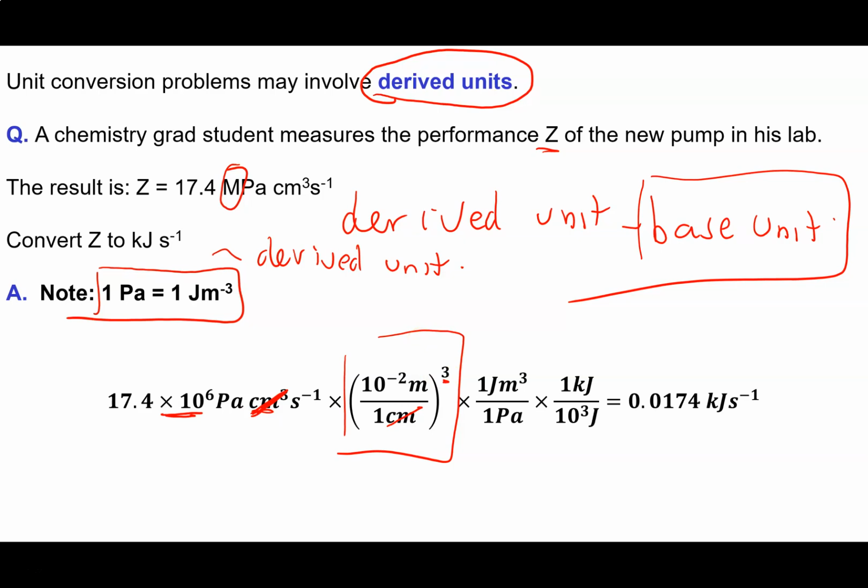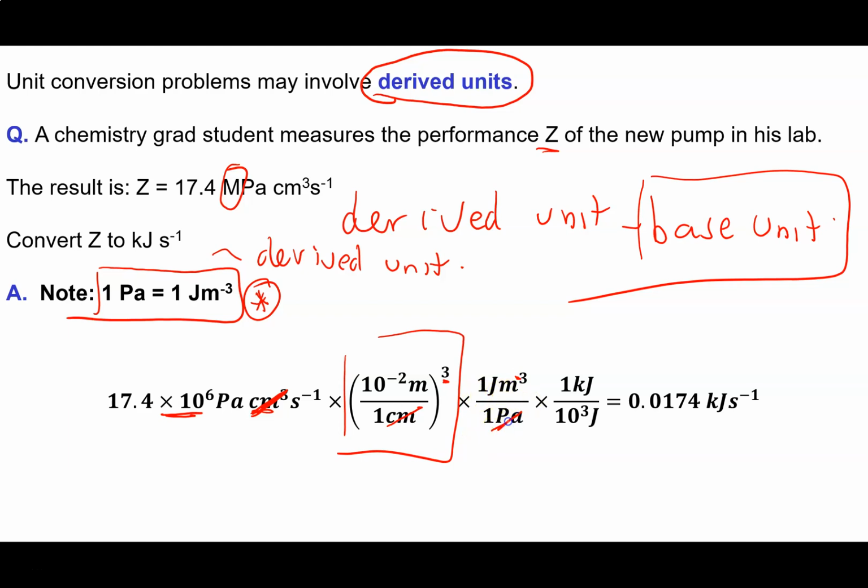So I'm doing okay now. I just need to get this Pascal business into joules. To do that, I'm going to use the equality that I found on Wikipedia, or you could find it in your textbook as well, that says that 1 joule per meter cubed is equivalent to 1 Pascal.